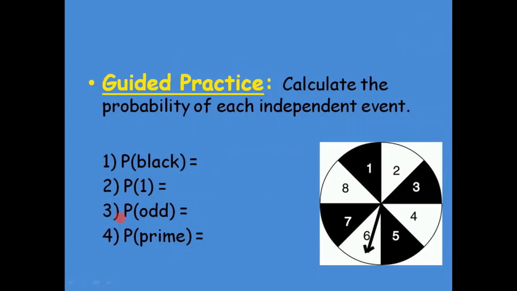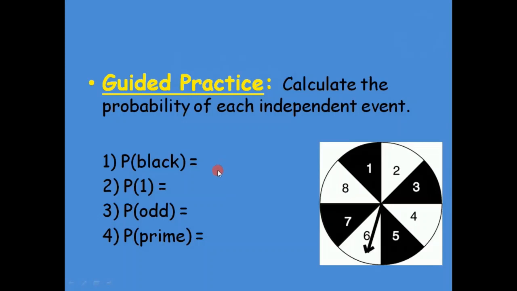Another example for practice: calculate the probability of each independent event. So this is the question, you can solve it by yourself. What is the probability of black here? The number of blacks is 1, 2, 3 and 4. And the total sectors are 8. Probability of black is 4 over 8.